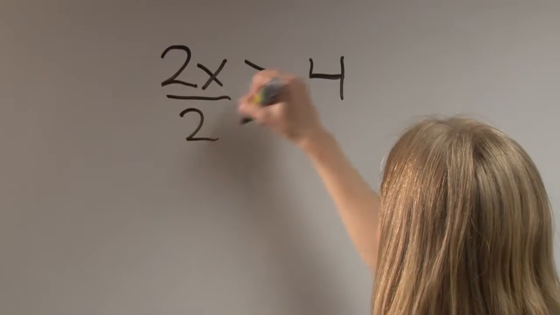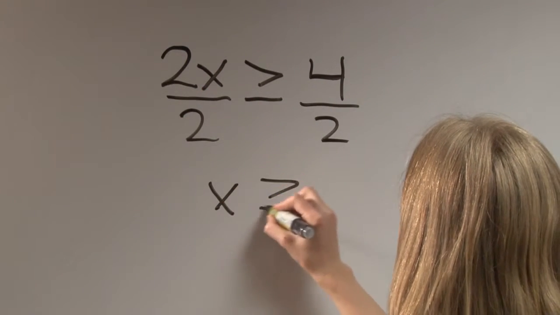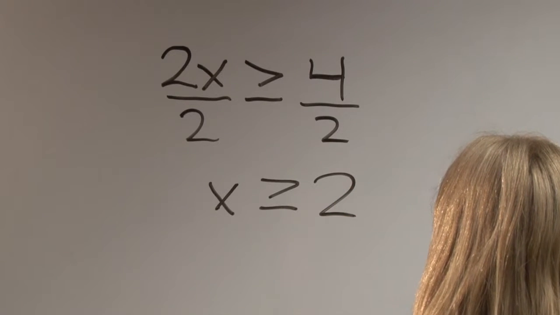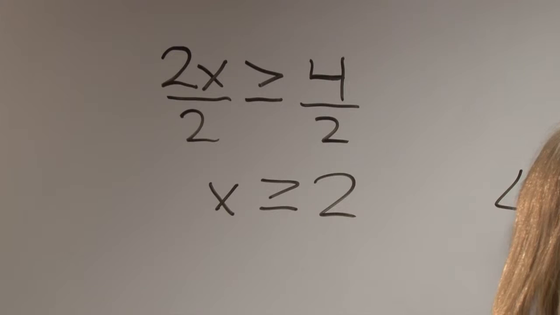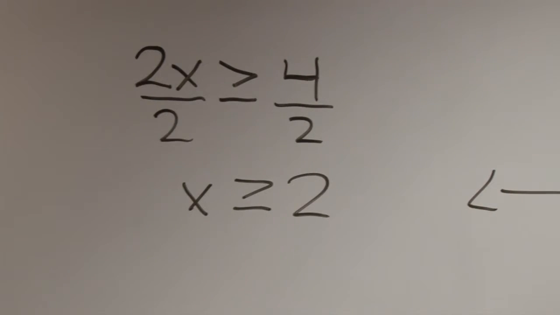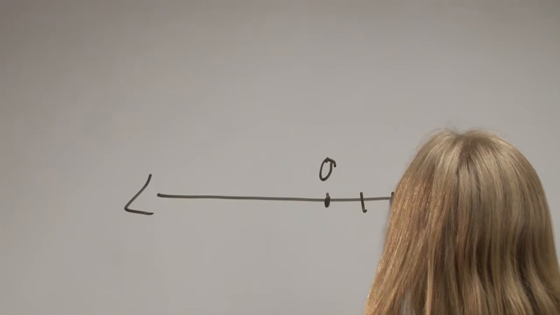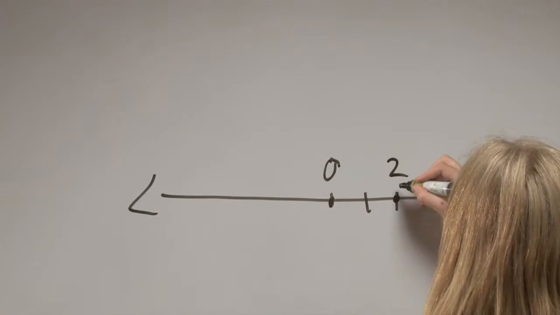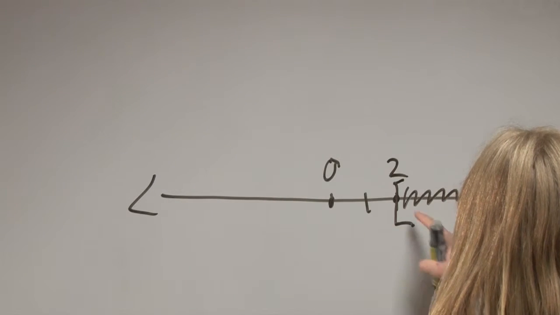And I can do the same thing as in an equation. I'm going to divide both sides by 2, and then I would have x is greater than or equal to 2. And I would get that same sort of solution as we did before.